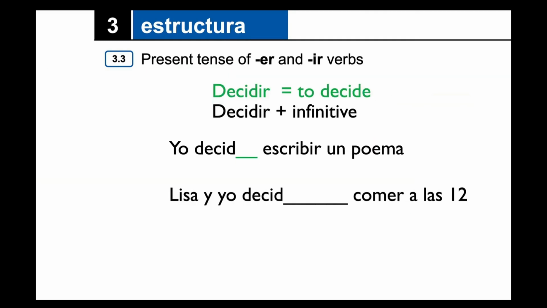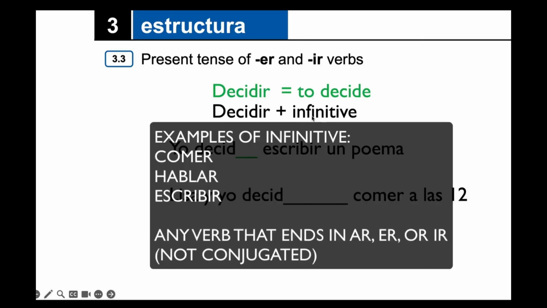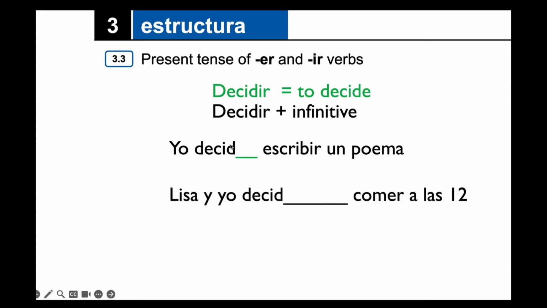Decidir. Decidir means to decide, and it usually goes together with an infinitive. An infinitive is a verb that is not conjugated. It's a verb that ends in ar, er, or ir. So it's the verb in its most basic form, not conjugated. Ejemplo. If I want to say, I decide to write a poem, yo decido escribir un poema.